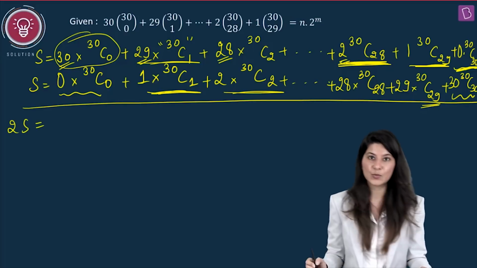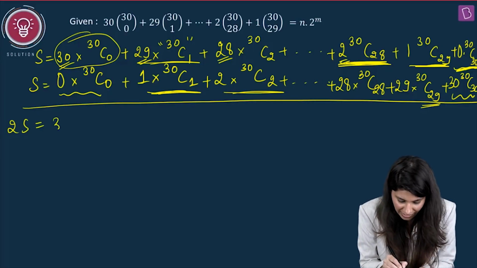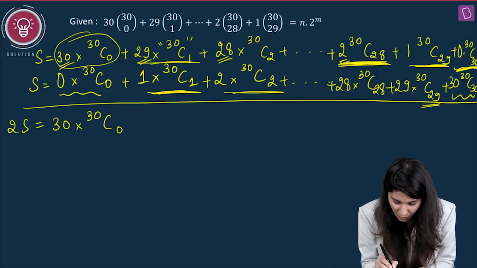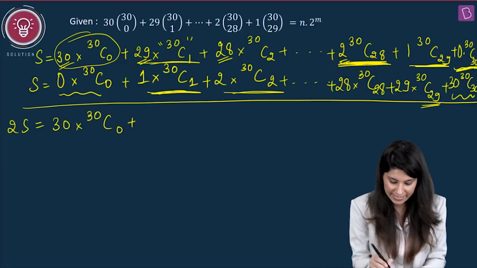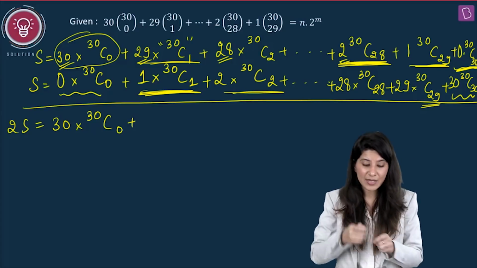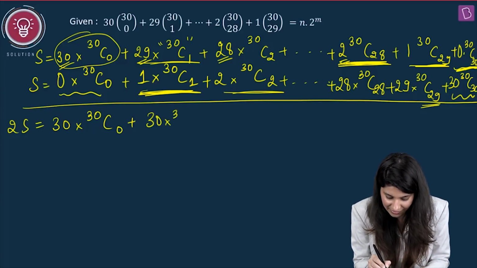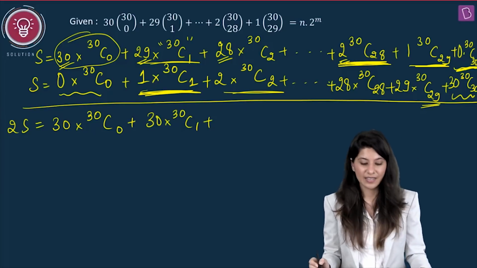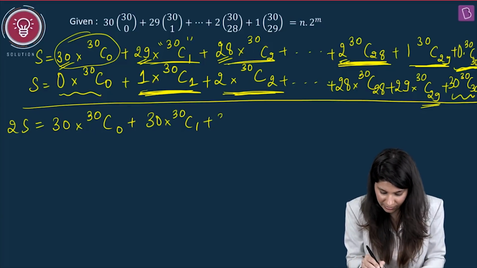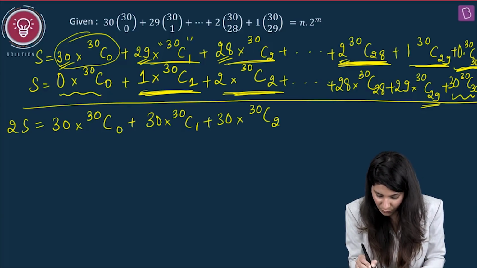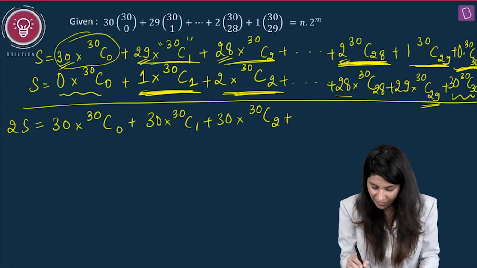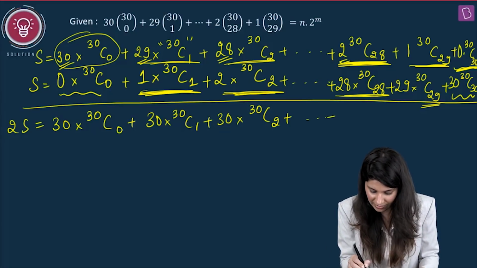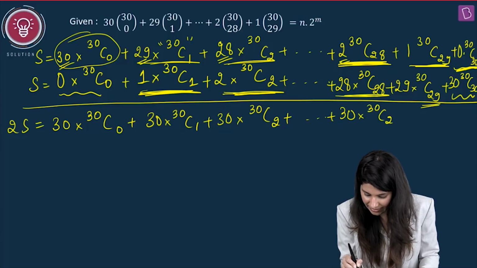Now, we'll add these two. 2S is equals to. Now, let's add. So, here we have 30 multiply 30C0. Right? Next term, if you add these two, 29 plus 1, 30 multiply 30C1. Let's add these two, 30 multiply 30C2. Then we have these two, which is 30 multiply 30C28.